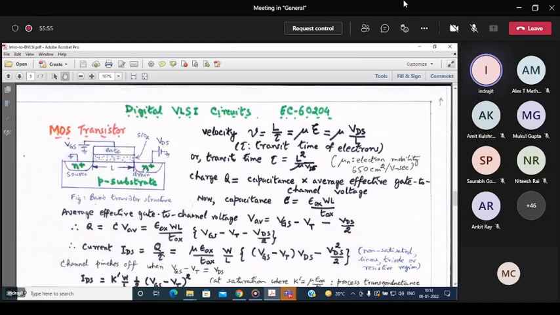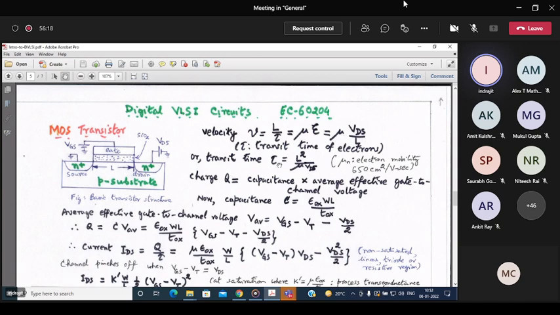Longitudinal electric field means VDS, that is drain to source voltage, divided by L. We also have another, transverse electric field, that is VGS divided by TOX, where TOX is the oxide thickness. But the longitudinal field is responsible for the flow of carriers from source to drain. So velocity is mu into VDS by L.